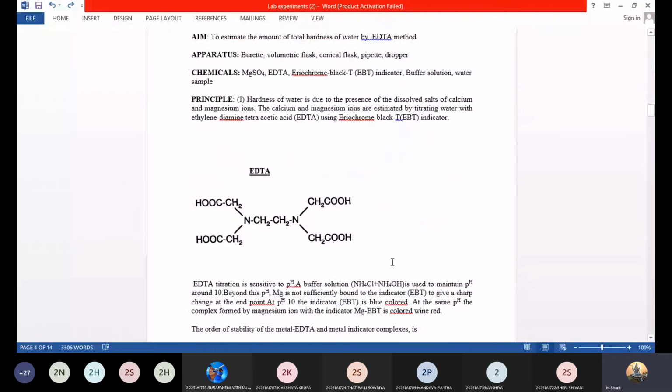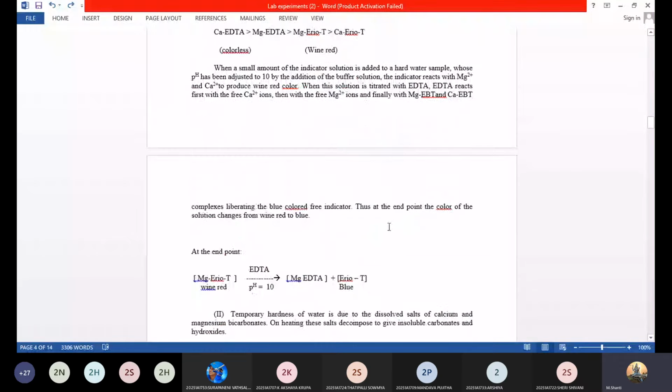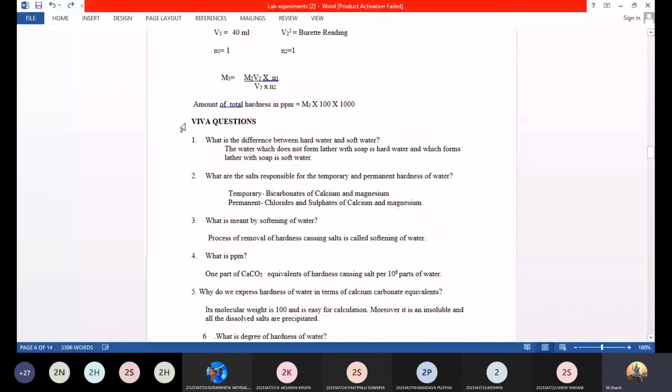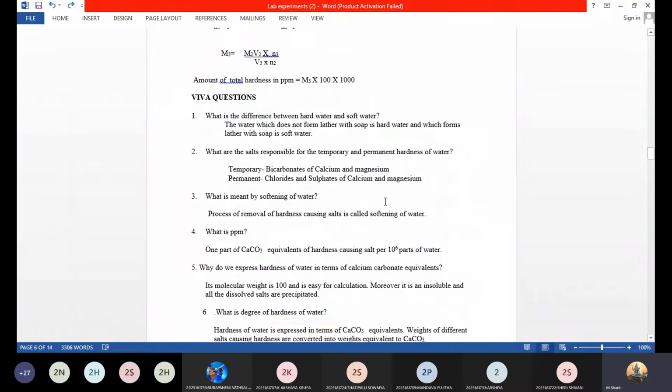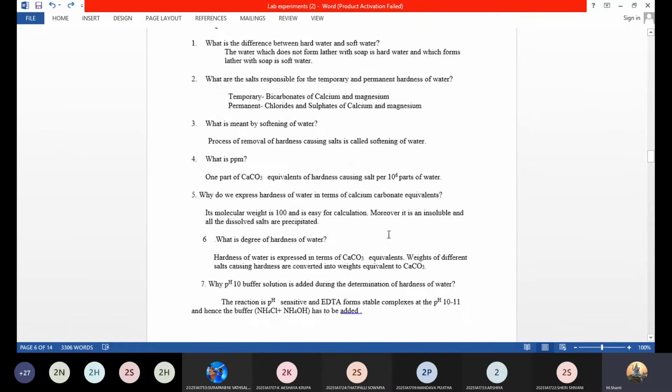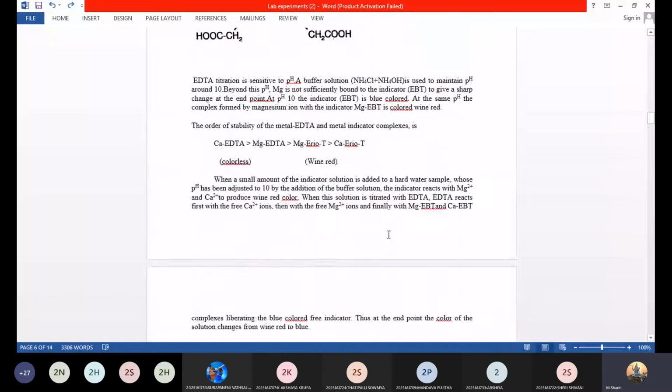The theory part is given here in the lab manual, and towards the end of the experiment, you have a list of viva questions. Solutions are also given along with the questions, so we are already providing you with ready-made answers. I hope everybody will come prepared for the viva questions along with the principle part for the exam.